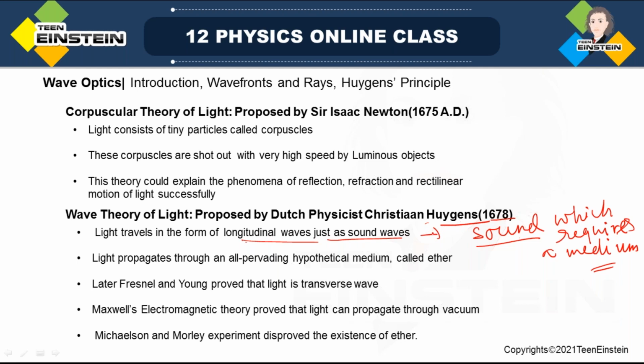And also there is another reason, because the greatest scientist Sir Isaac Newton did not agree with this wave model. But later on, when Fresnel and Young observed various experimental facts, those could be explained with this wave nature of light.